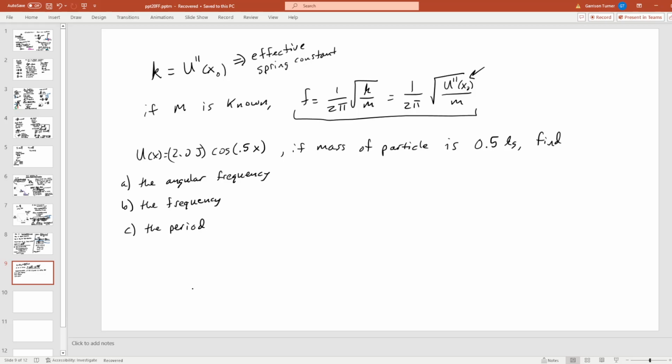Okay, so we want to find the angular frequency, the frequency, and the period. Well, the angular frequency, okay, so let's start by finding K. Now, we've already almost done this, right?